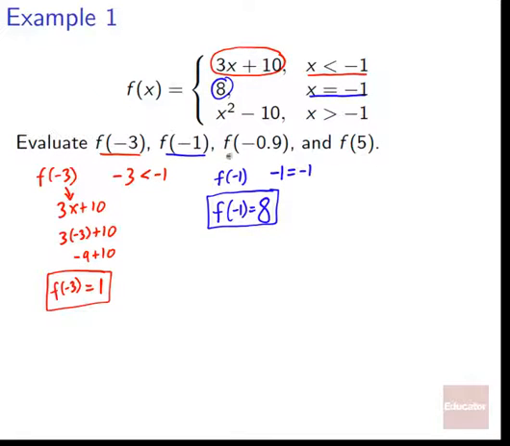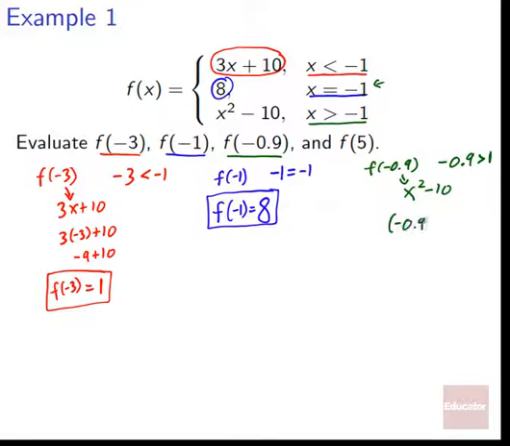What about f of negative 0.9? Well, it's really close to negative 1, but remember, this rule was x equals negative 1. It only happens on precisely negative 1. So negative 0.9 is, in fact, slightly greater than negative 1, so we use the rule x squared minus 10. We plug in that negative 0.9.